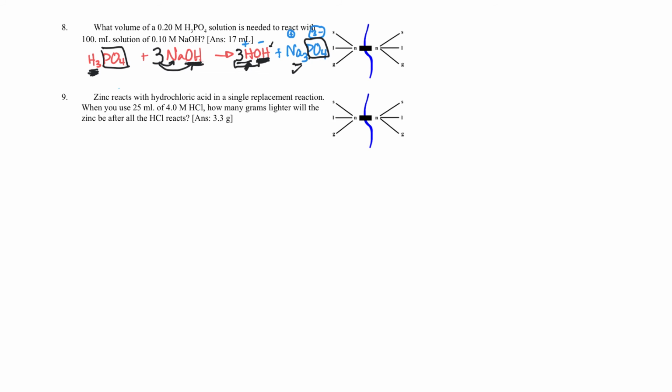Okay, this particular one, I didn't do these in the last questions, but once I've got it balanced, now I can do the stoich part of the question. It says what volume of a 0.2 molar phosphoric acid. So here I have a concentration of 0.20 molar, and they want to know what volume of that is needed to react with 100 milliliters.